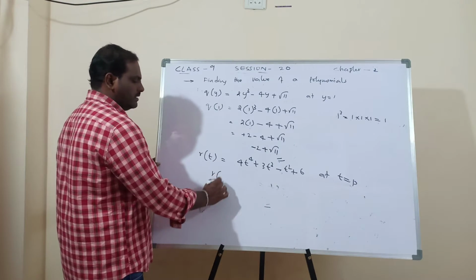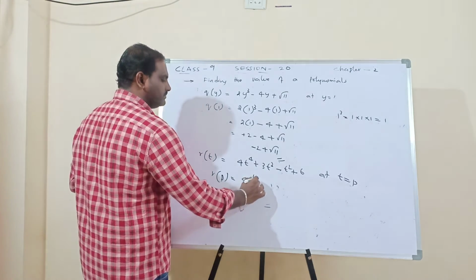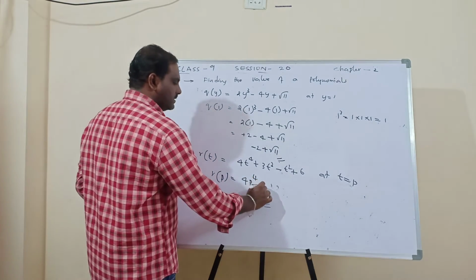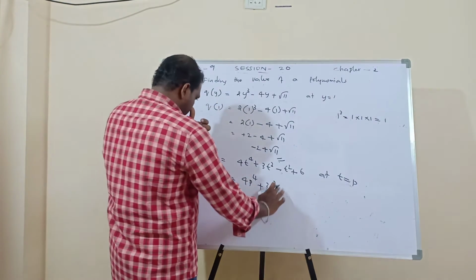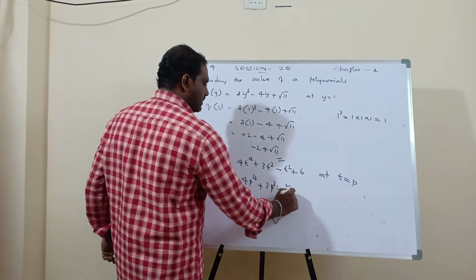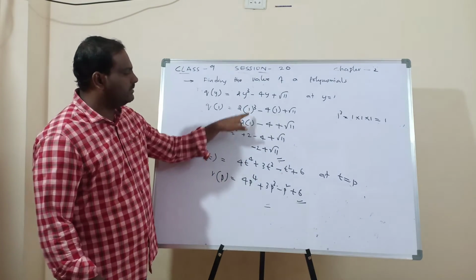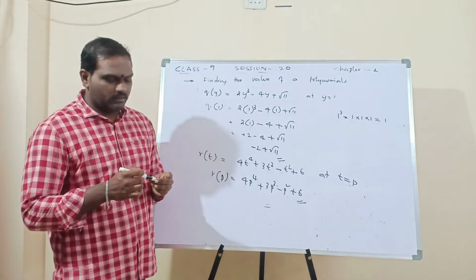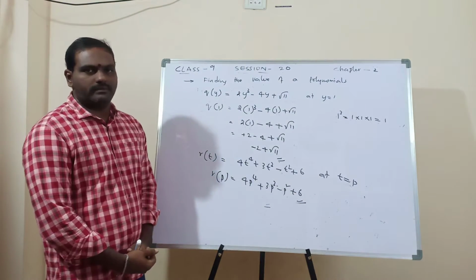So r of p is equal to 4p power 4 plus 3p cube minus p square plus 6. That's all. If we are given any value, we substitute and calculate. If we are given any variable, just replace it with the given variable.